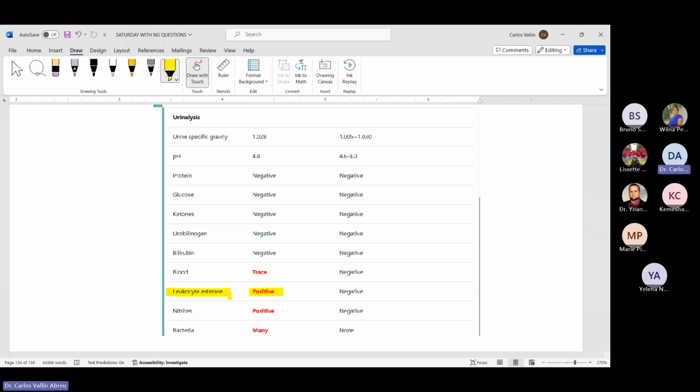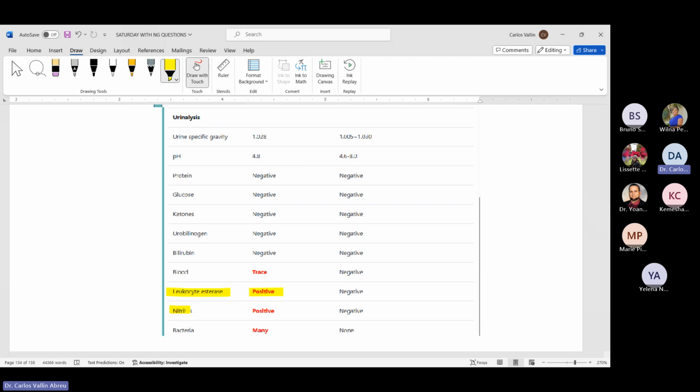This enzyme should be negative in the urine because there shouldn't be an important amount of white blood cells producing it. If it is positive, it's because you have a lot of white blood cells, or leukocytes, fighting infection in the urine. So it is very suggestive of infection.